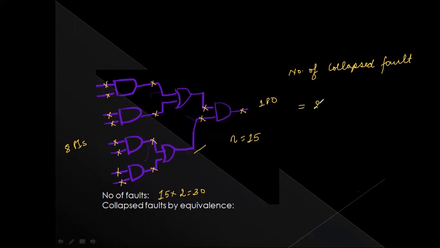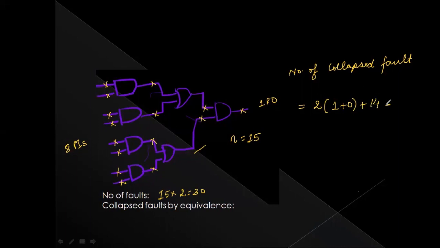So in this, what is the number of primary outputs? 1. So what is your number of fan out stems? 0. Yes. And then we have your gate inputs. Tell me how many gate inputs are there? 14. Yes, it is 14.